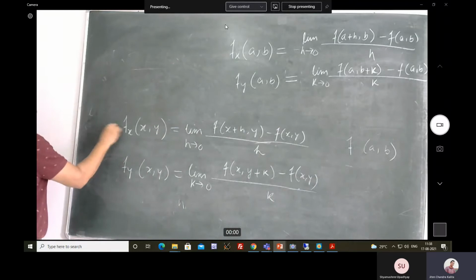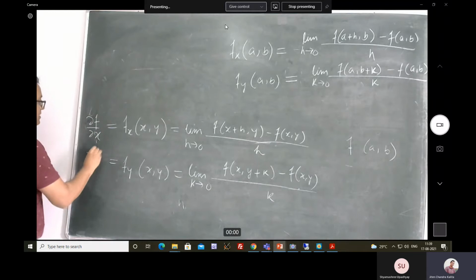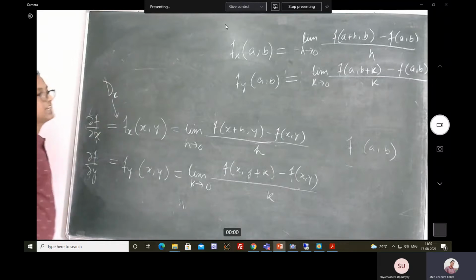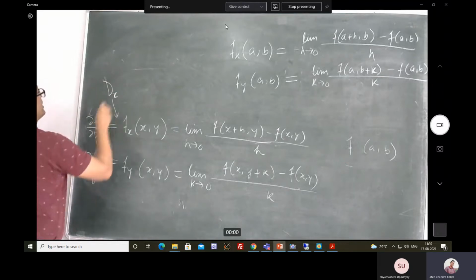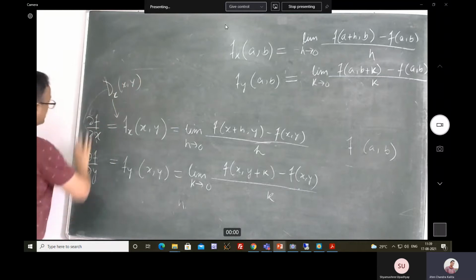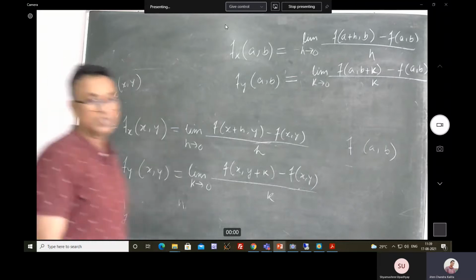And these symbols are also used: del f/del x and del f/del y, and sometimes dx. So of course, del f/del x at the point (x, y). These symbols are also used, and similarly for dy.